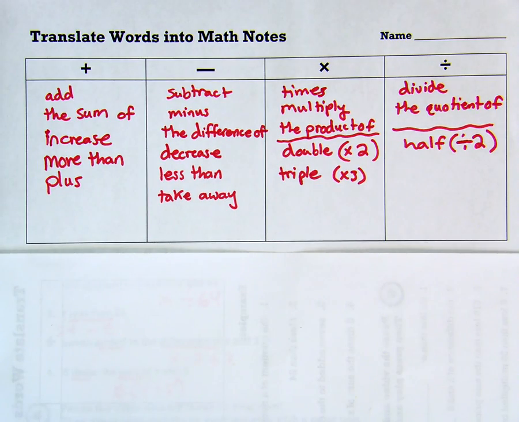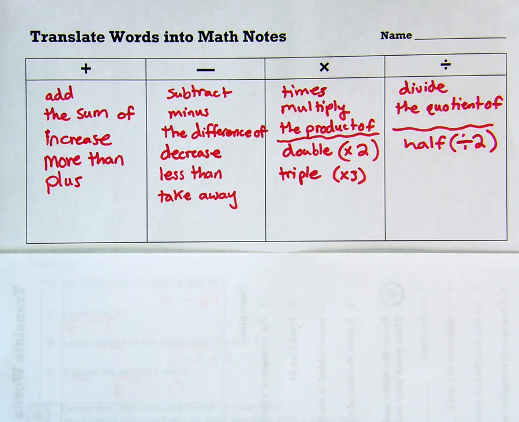Alright, so for addition we had add, you'll see the sum of, something increases by, something is more than, plus. For subtraction we have subtract, minus, the difference of, decrease, less than, take away. Multiplication we have times, multiply, the product of.